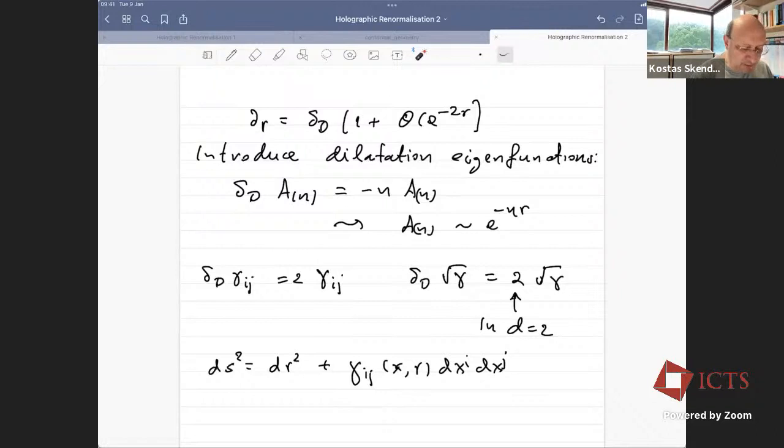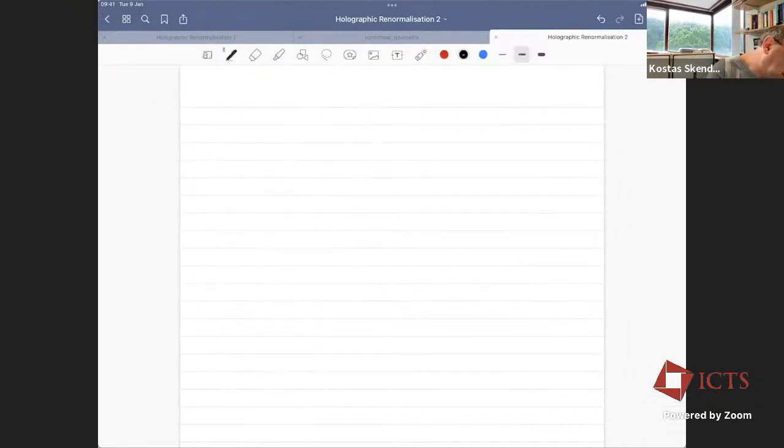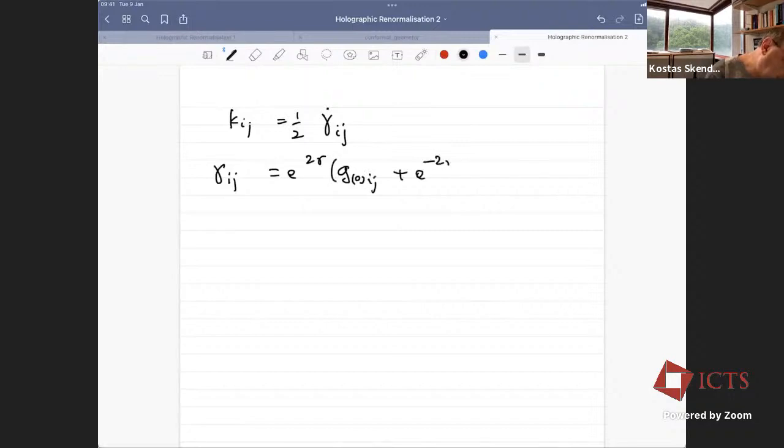Now, in order to analyze the behavior, recall from yesterday that the extrinsic curvature was in Fefferman-Graham gauge given by this expression, and gamma ij was e to the 2r g0 ij plus e to the minus 2r g2 ij and so on.